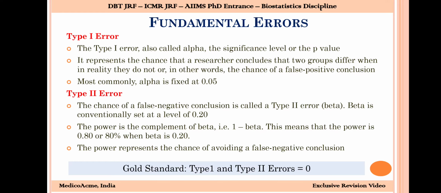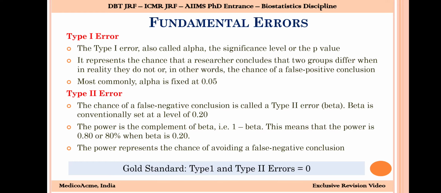It represents the chance that a researcher concludes that two groups differ when in reality they do not. In other words, this is a false positive conclusion. What you have done is you have said that this value is false when it was actually true. So this is type 1 error.